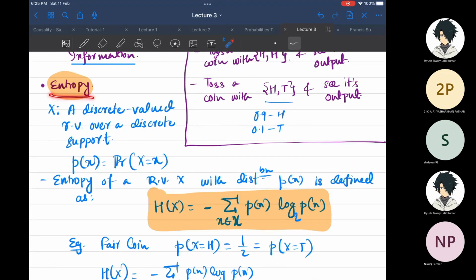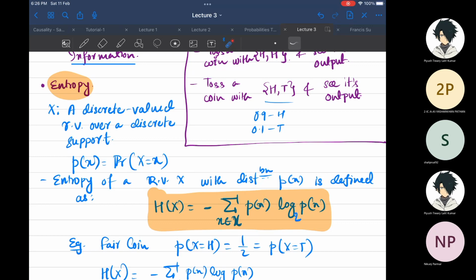Then we saw what entropy is. In our 11th and 12th grade, I remember that in thermodynamics we used to study entropy, and we were told that the entropy of a system is basically the amount of randomness in the system. At that time it was just a formula for me, something related to pressure, temperature, and things like that, but it was a good intuition.